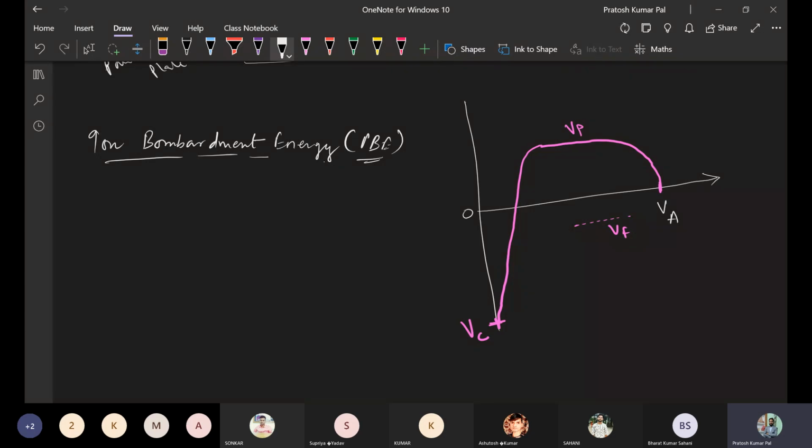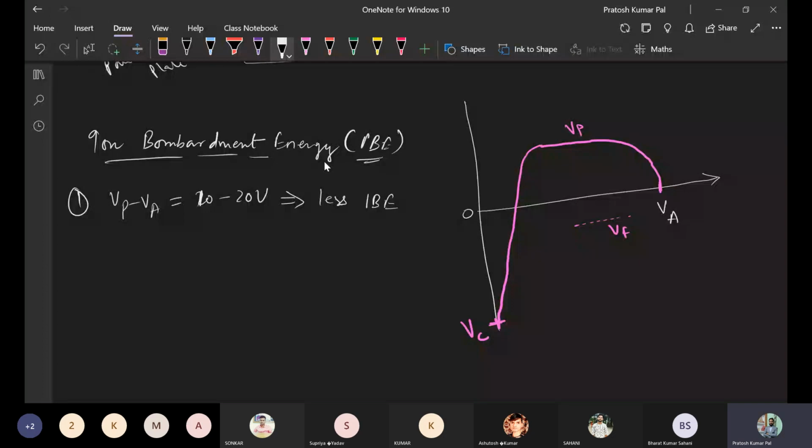In the first case, the difference Vp minus Va, the potential difference between these two, is around 10 to 20 volts. If only 10 to 20 volts is the difference, it will have less ion bombardment energy.